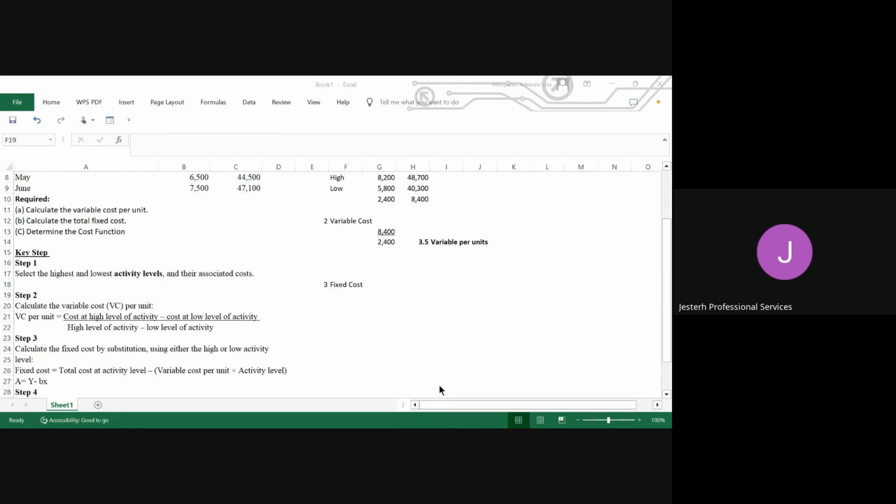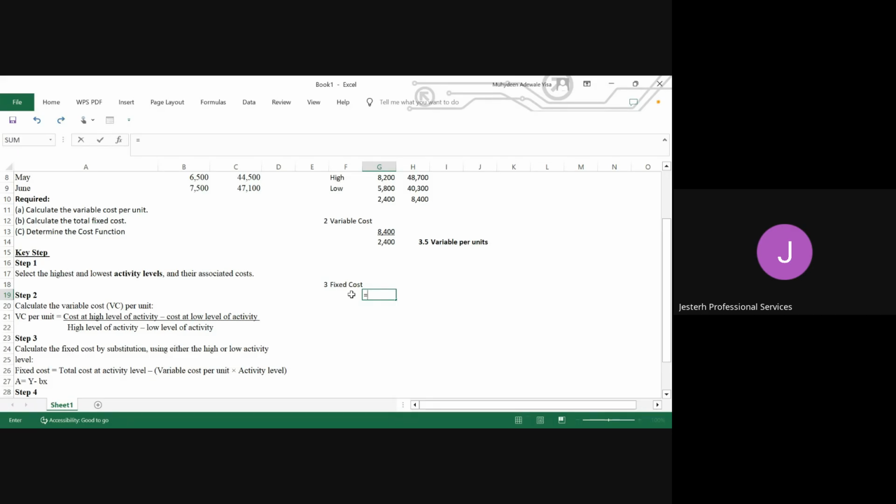We can calculate fixed cost by substitution using either the low or the high level of activities. In this approach, we can use either the low level of activities with the associated costs or the high level of activities with the associated costs to determine our fixed cost. We are going to arrive at the same answer.